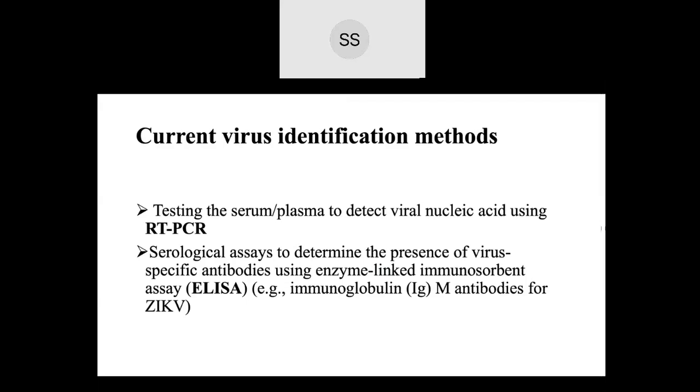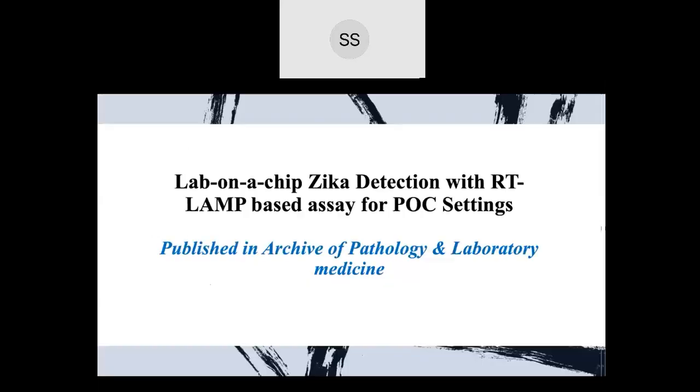Therefore, we cannot rely on these antibody-based tests. So in order to overcome the limitations of the currently existing methods, we came up with an approach where we can detect the virus rapidly and at a very low cost.